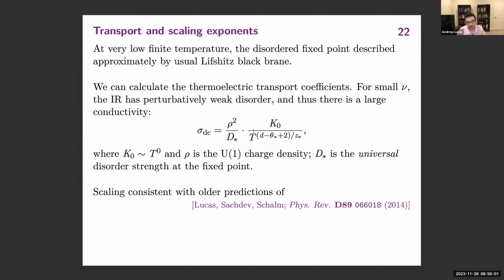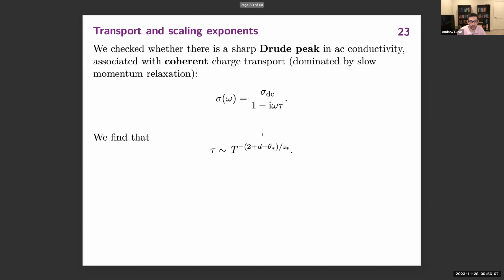So maybe you could argue there's other tau dependence, but we find that from the finite frequency conductivity, this tau is the Drude-like prediction that's coming out.